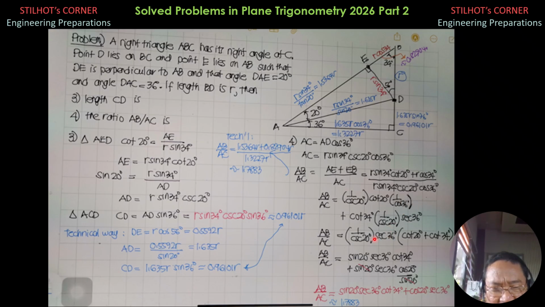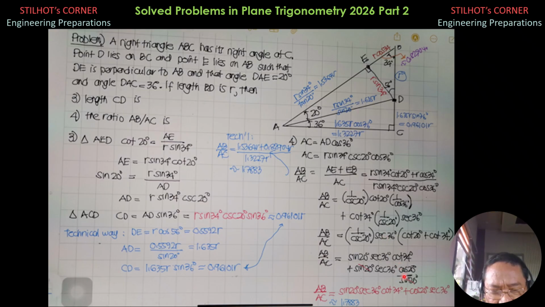Then after we factor this out, we have in the first term left cotangent 20, and in the second term, cotangent of 34 degrees. So we write this as sine 20 and secant 36. Then we distribute sine 20 secant 36 to the second term first. That's why you have cotangent 34 degrees. Then this common factor sine 20 secant 36 distributes to cotangent 20.